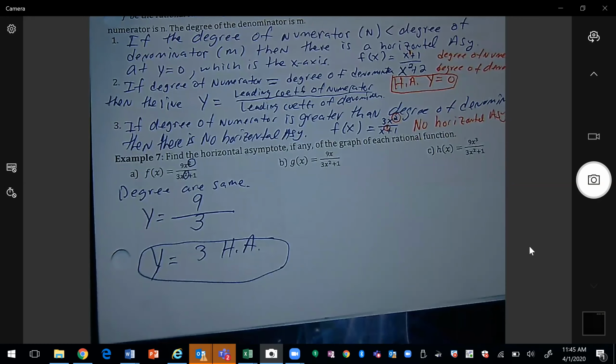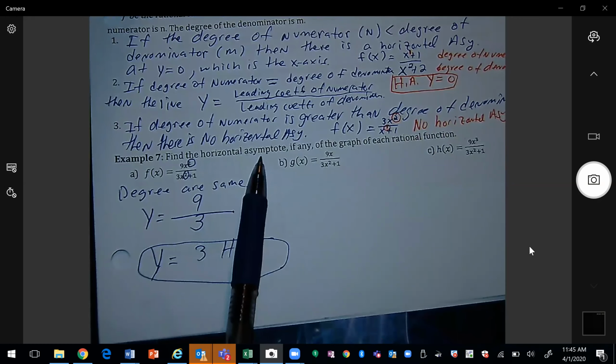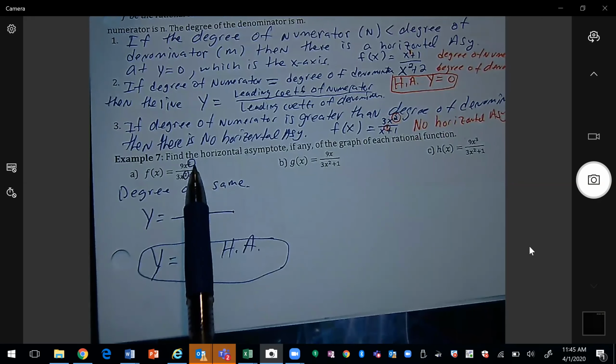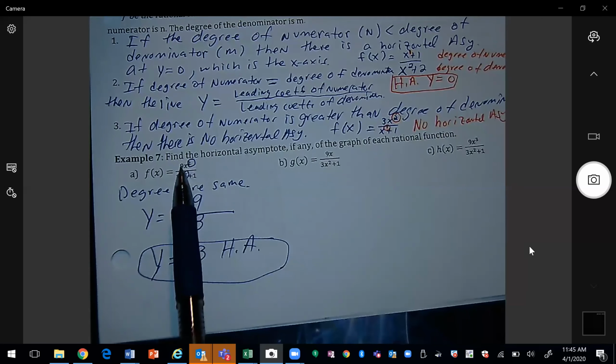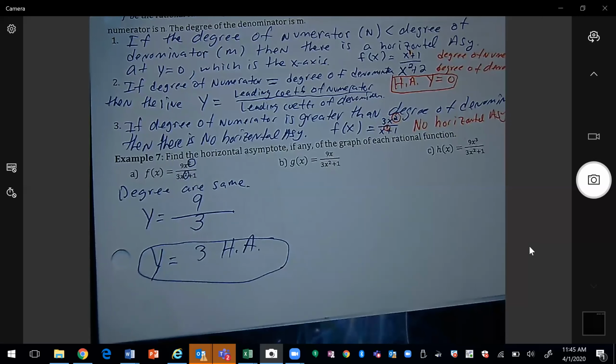The only things we need to find the horizontal asymptote are the degree, and then maybe the leading coefficient, which is the 9 and the 3. But yeah, the 1 is kind of just hanging out for a little bit. It's not useless because we'll need it eventually, but for right now, it's just observing.